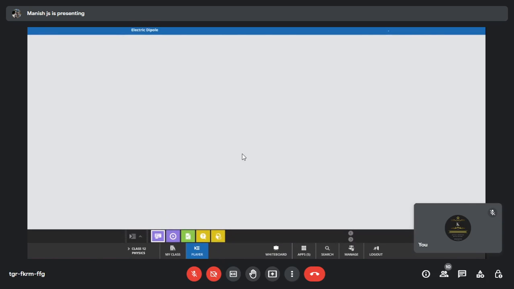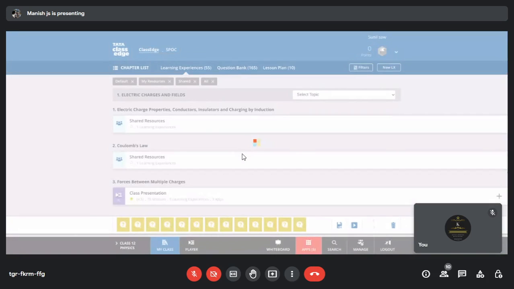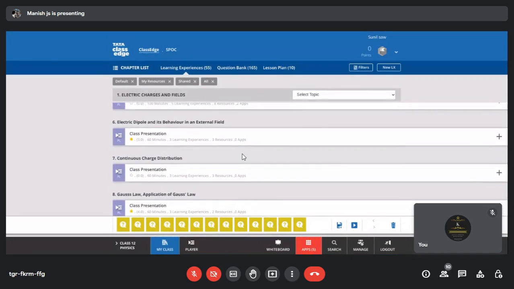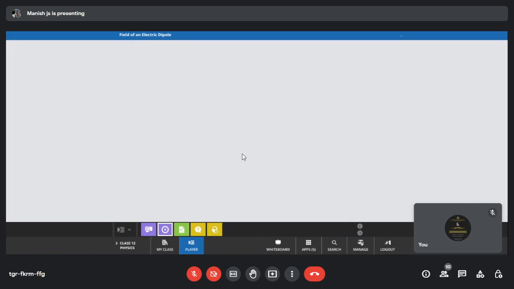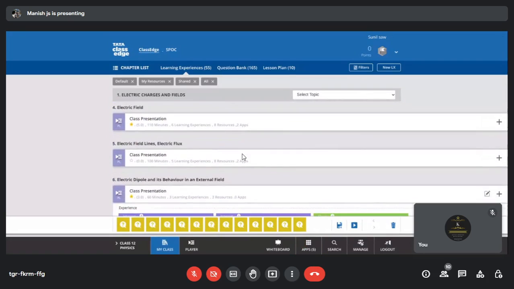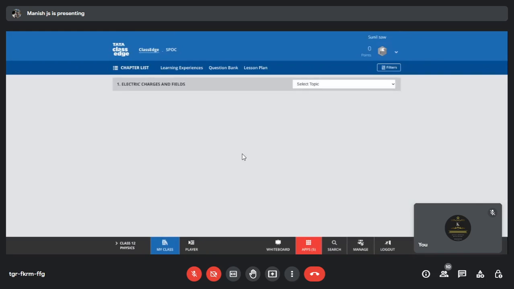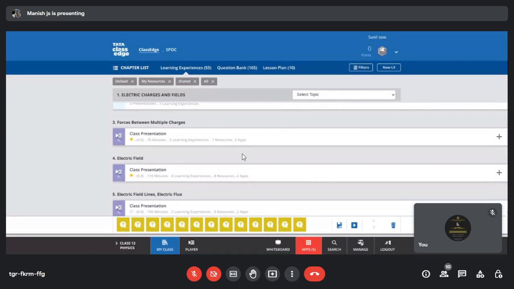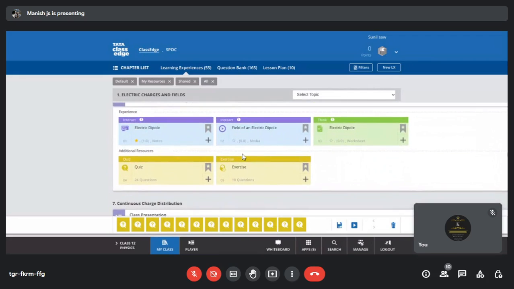Okay, let me reload the page. In the module, a technical glitch, it's not loading. So I'll tell you what is an electric dipole.